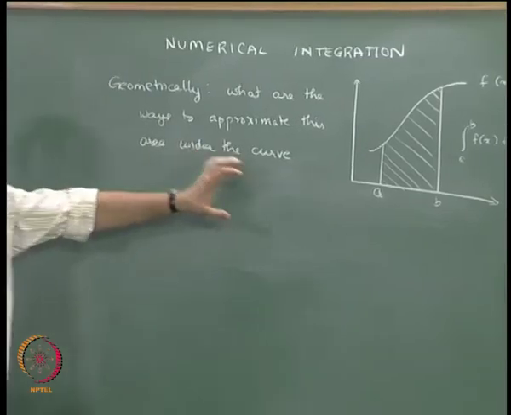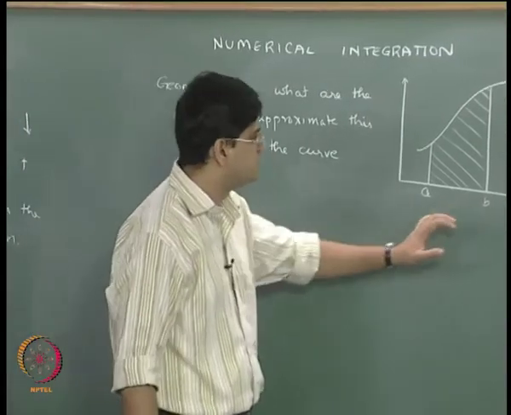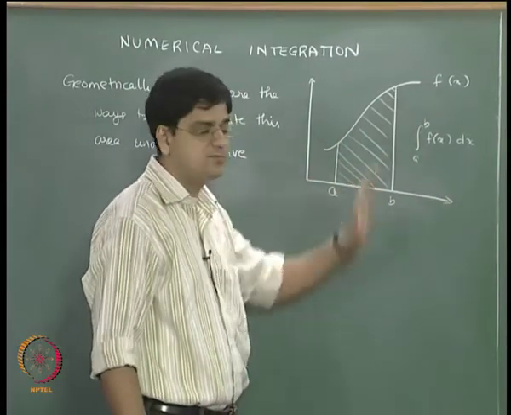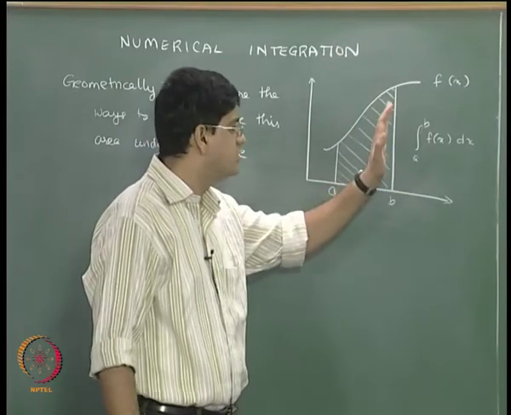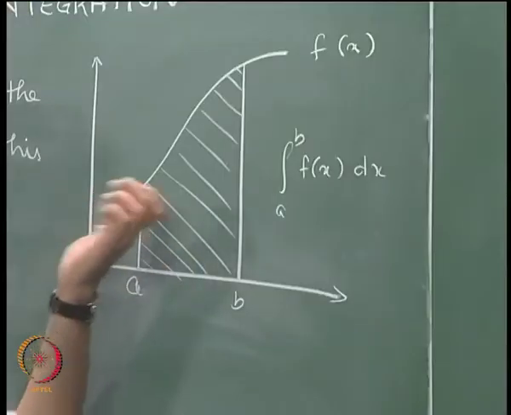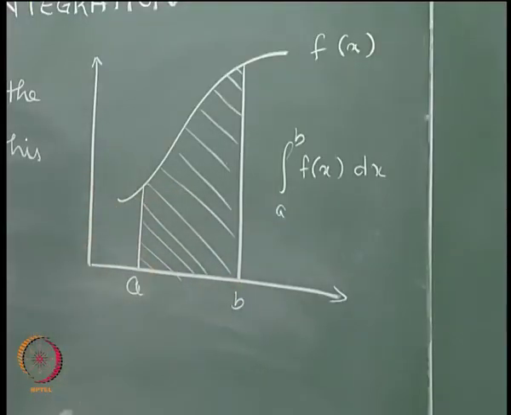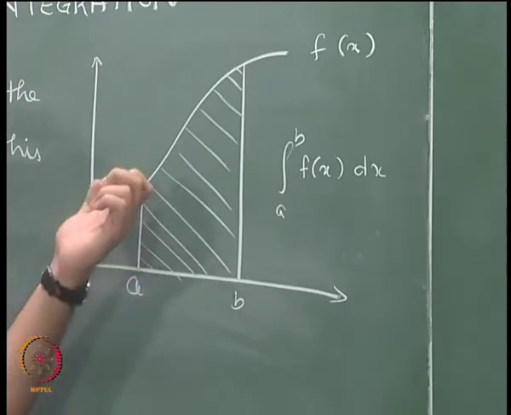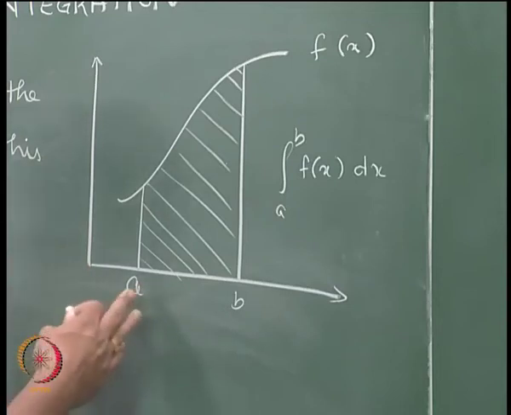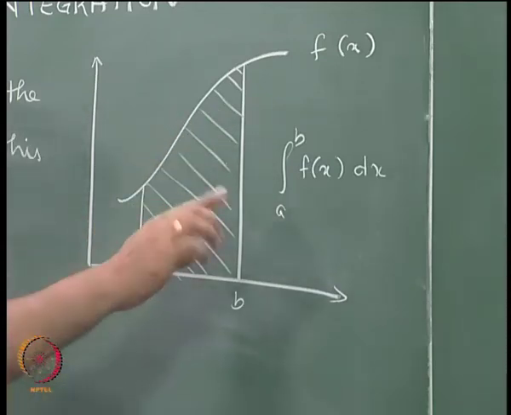Geometrically, the various ways to approximate the area under the curve is that we can split this particular interval into many intervals, since the splitting up is going to be our choice. We will split up into various equally spaced intervals and then find the area under the small part of the curve for each of these intervals. Okay. So let us say that the entire region I have split into various intervals, and the smallest interval is now represented as this particular curve.